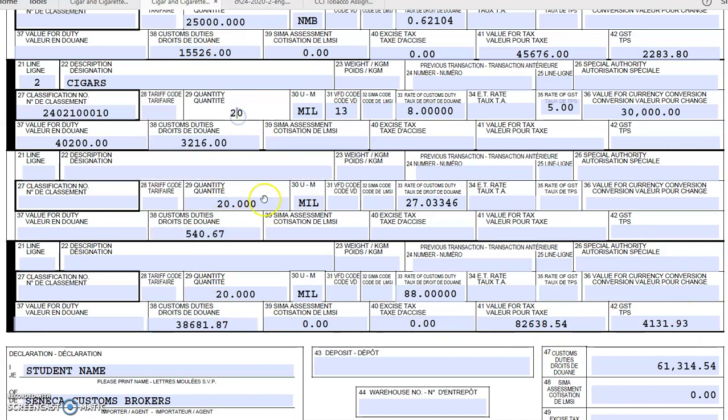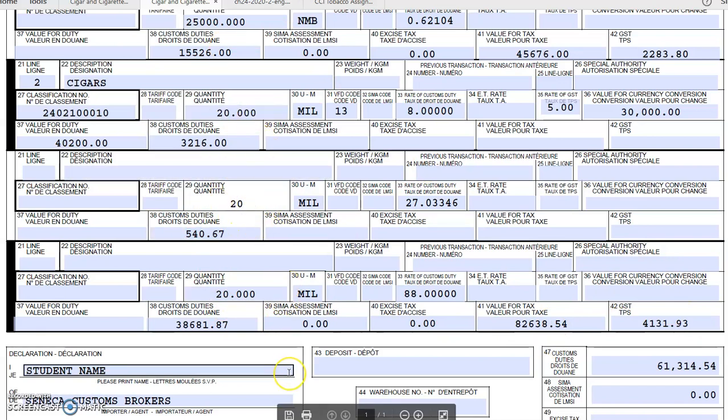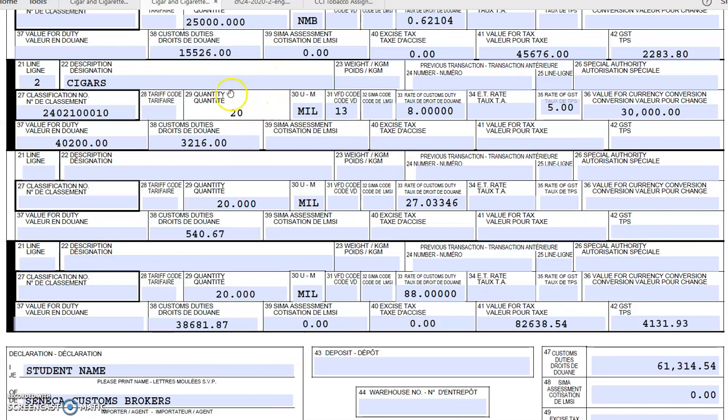Don't be confused by these fields. This should be just like that. Your answer on using this file will be 20,000, but that's 20 decimal 0000. That's still 20 to represent 20,000. MIL is 1,000.